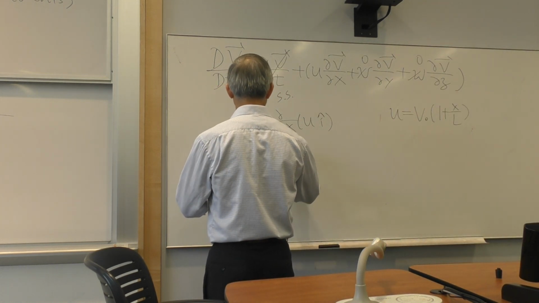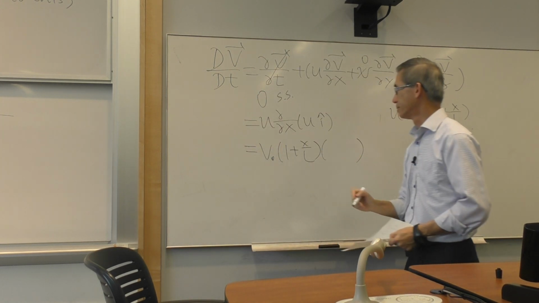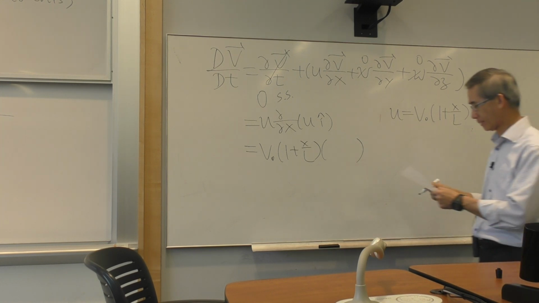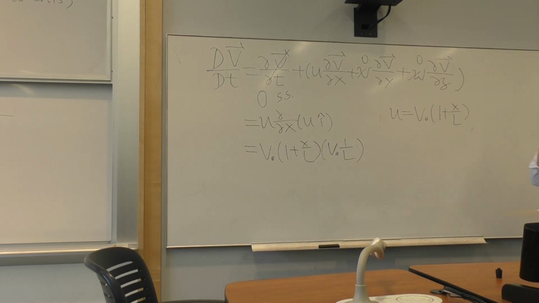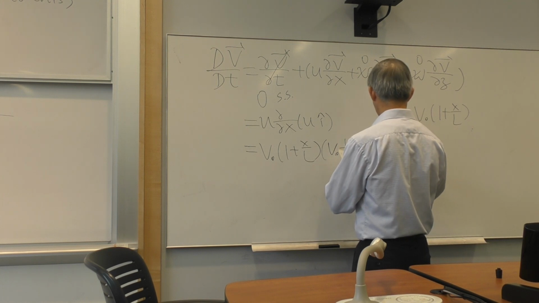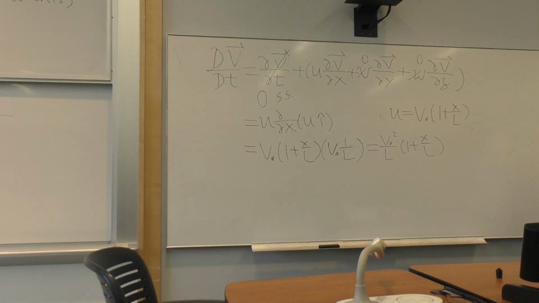Velocity unchanged. How do you differentiate this equation with respect to x? What will be left when you differentiate with respect to x? It is 1 over L with the velocity in front. So my convective acceleration after simplification is given by this equation.